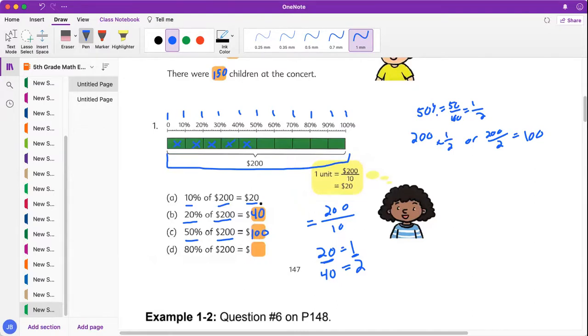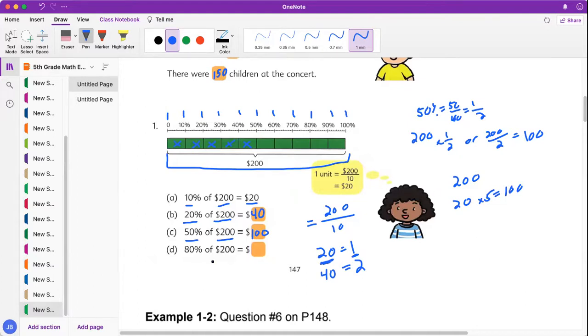Perfect. Okay, so now if we do it the other way, or I guess it's almost the same. So we can have 200, and then we know 1 unit is 20, and now we have 1, 2, 3, 4, 5. So we can say $20 times 5 units. And we get the same, $100.